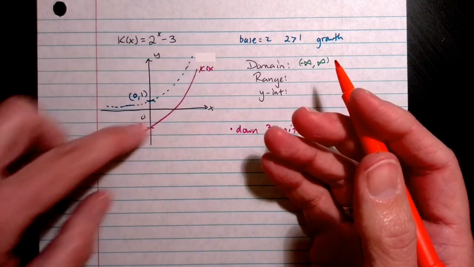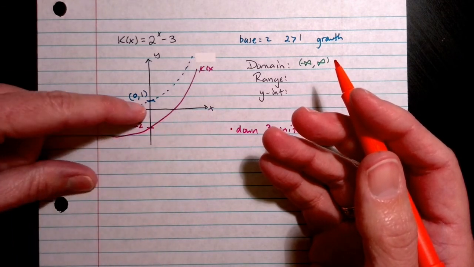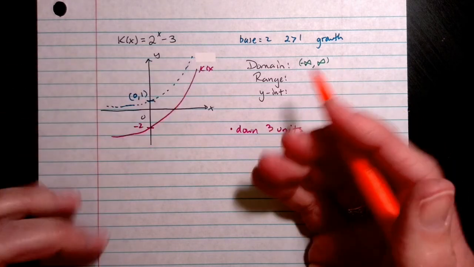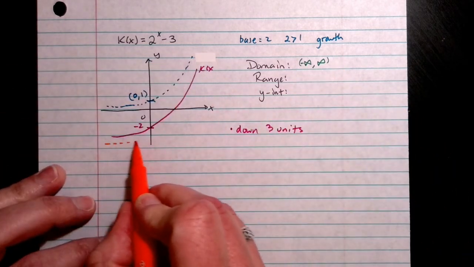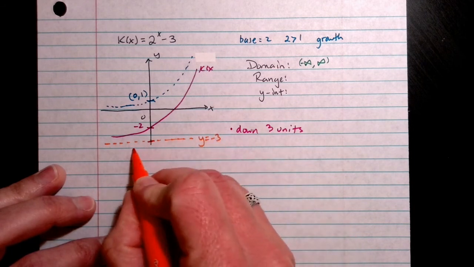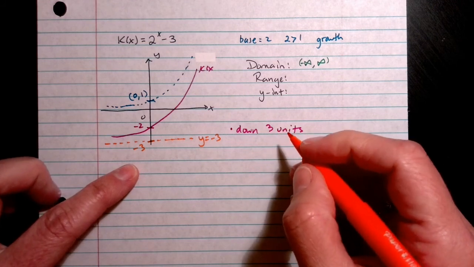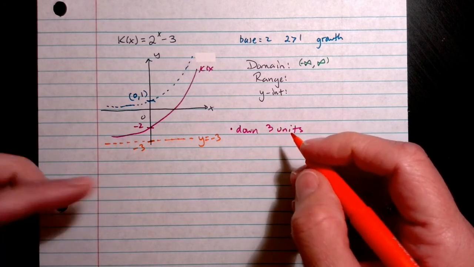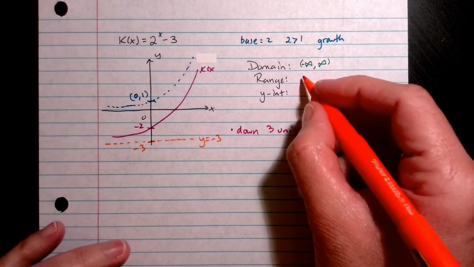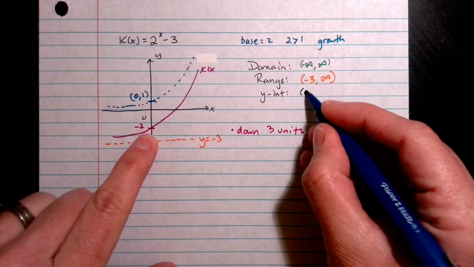If the graph originally is asymptotic to the x-axis, and I move that horizontal line down 3 units, that means my graph is now asymptotic to the horizontal line y equals negative 3. It's very similar to what we experienced with rational functions. So I can now see my range is negative 3 to positive infinity. My y-intercept is (0, -2).